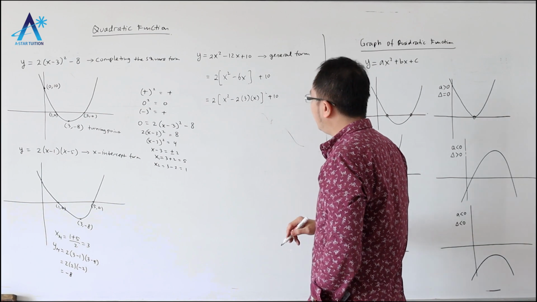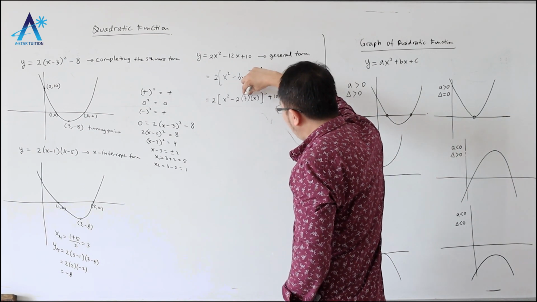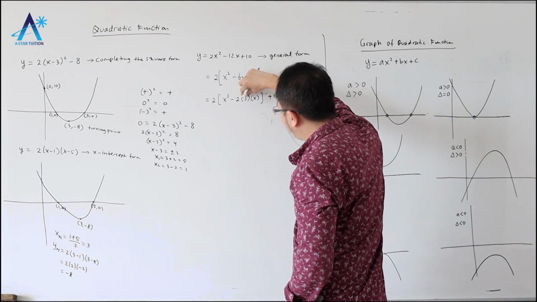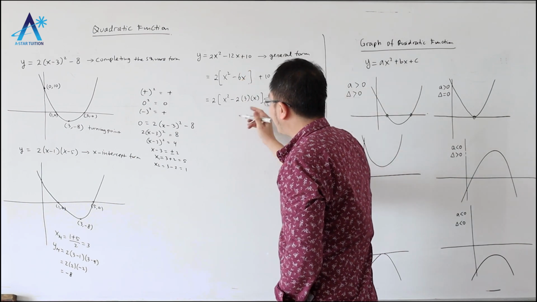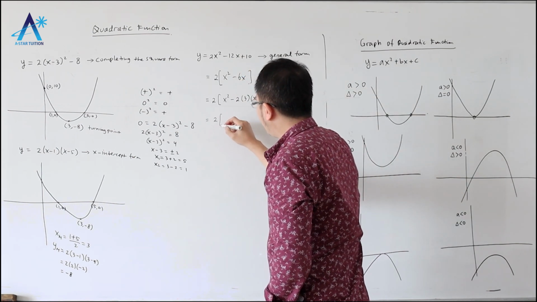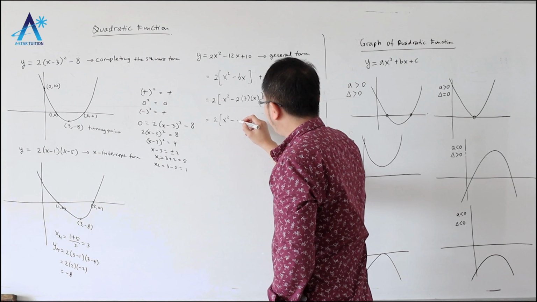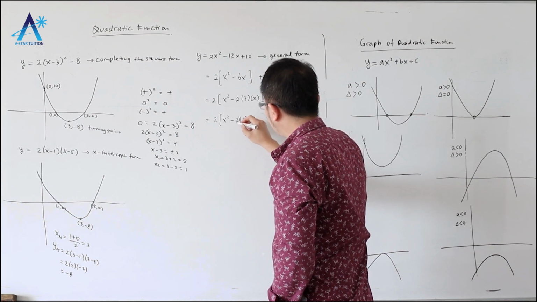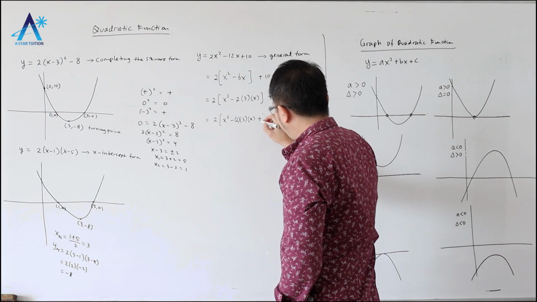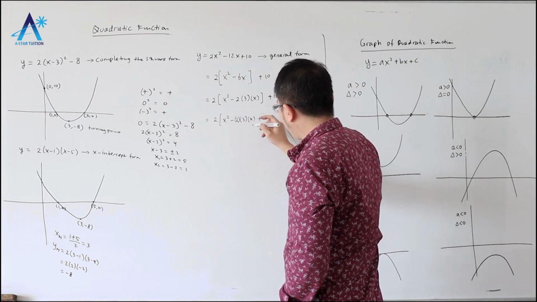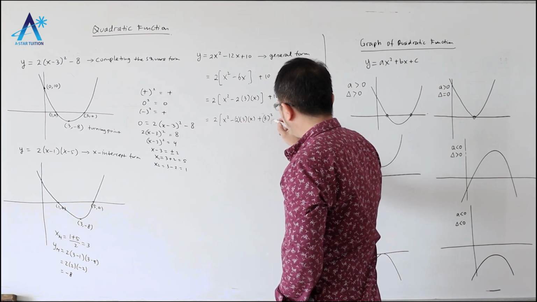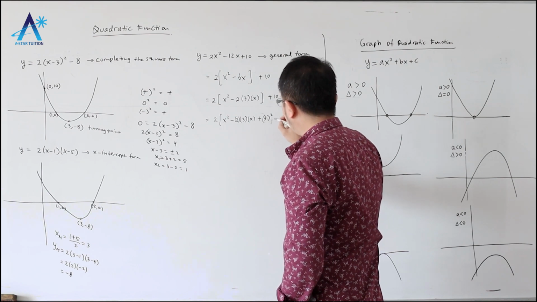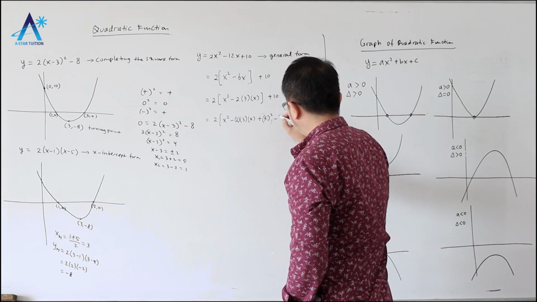The whole purpose is to find the square of this. 3 squared is 9, so we can add this square and take away the same term as well.